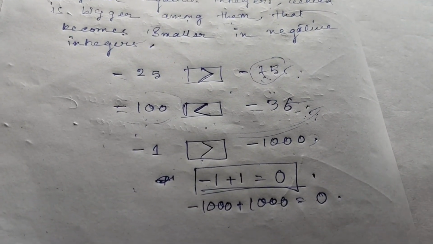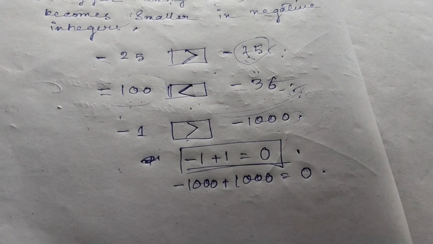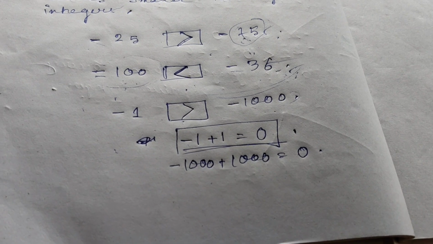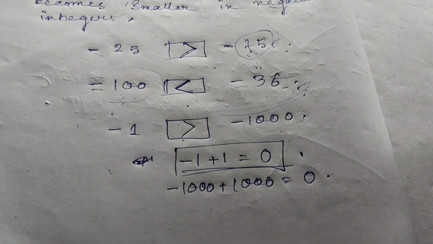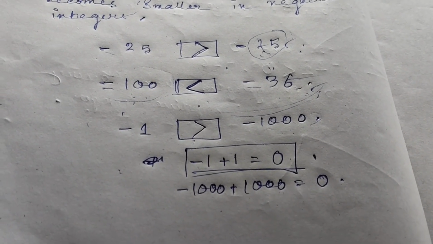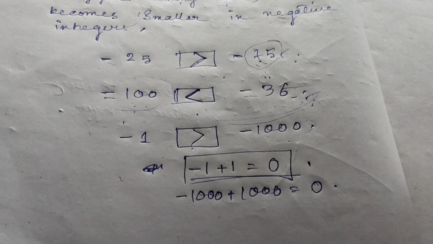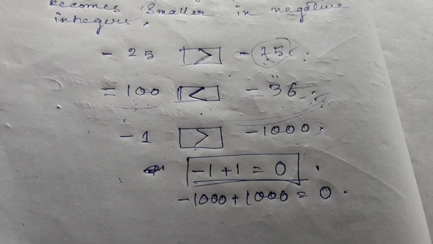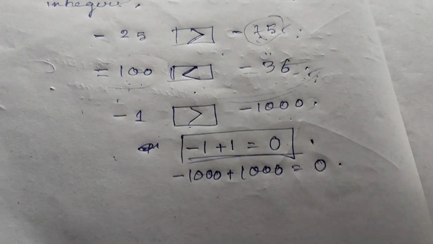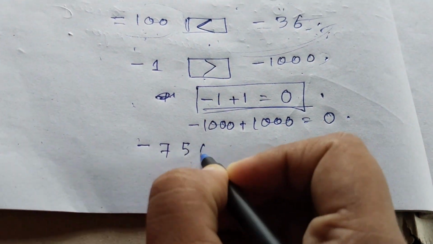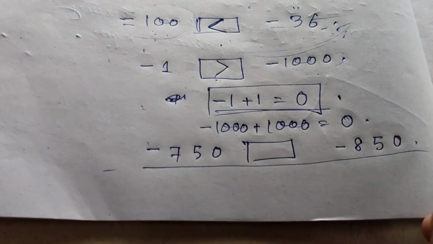Students, in the positive integers you don't have to worry because it follows the basics. If 25 and 75 are given, 75 is bigger. But in the negative case we have to follow some rules. First of all you have to check whether both the integers are negative or not. If negative, then you have to find which is bigger in basics. If minus 750 and minus 850 are given, both the integers are negative.